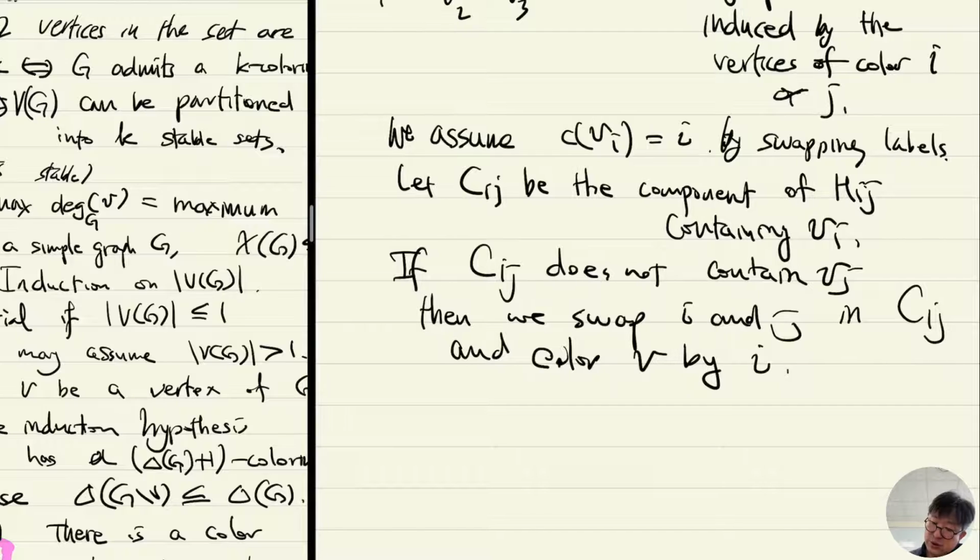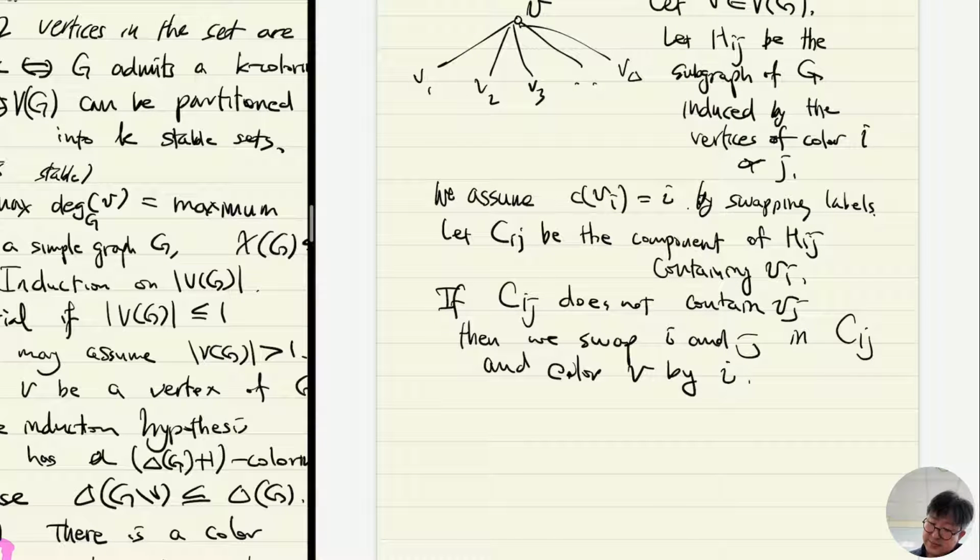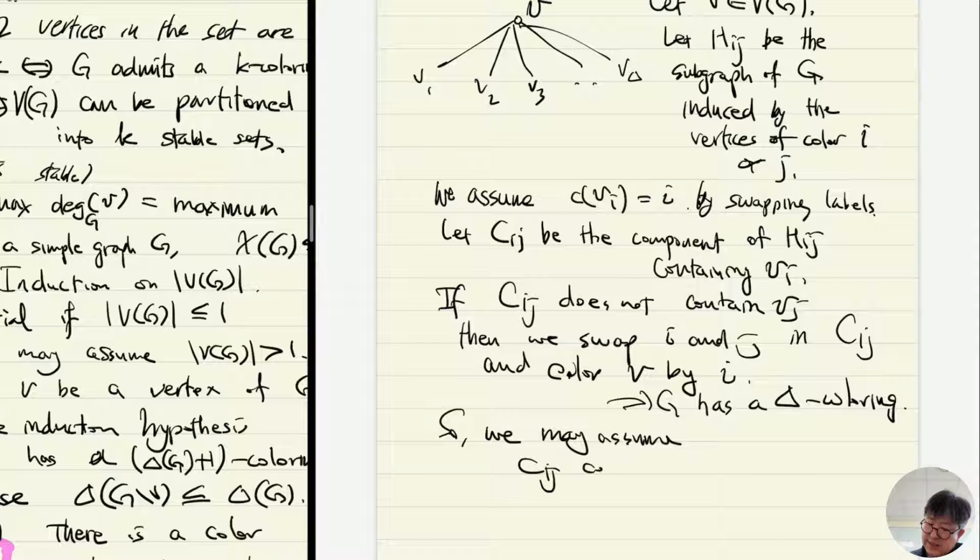So that's a contradiction, because that's a delta coloring. So we may assume Cij contains Vj. That we can assume.